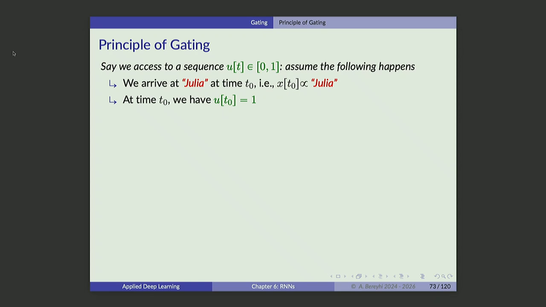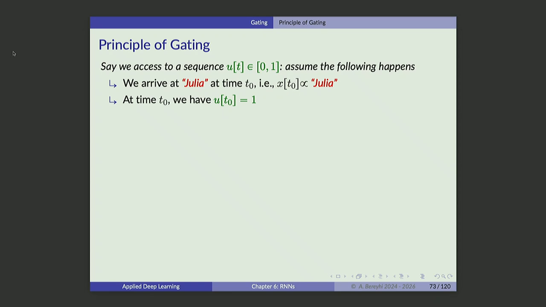It could be any number between 0 and 1, but let's say it's either 0 or 1. Now, I am going over my sequence, and I get to the time where Yulia happens. When I see the word Yulia, that is time t0, and I set this u value at t0 to be 1.